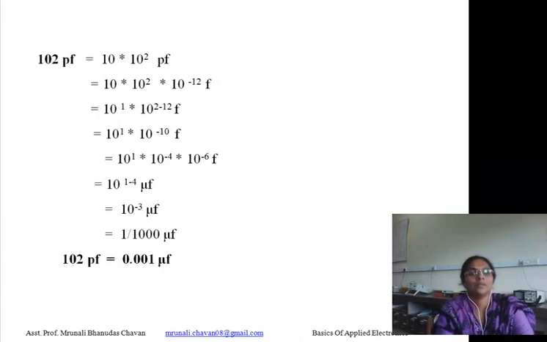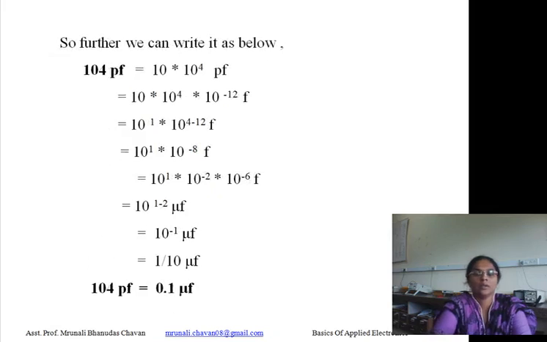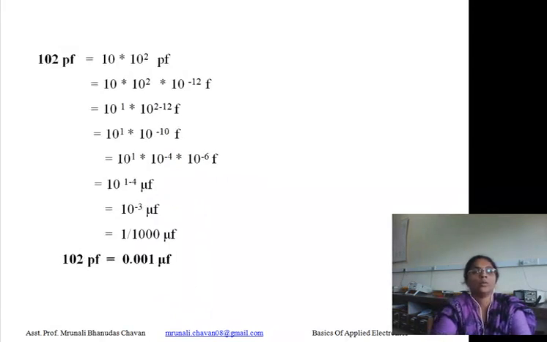Similarly, we can see another example for getting more clarity about it. So we will discuss for 102 pF. In the previous example there was 104, now we have to discuss 102 pF.